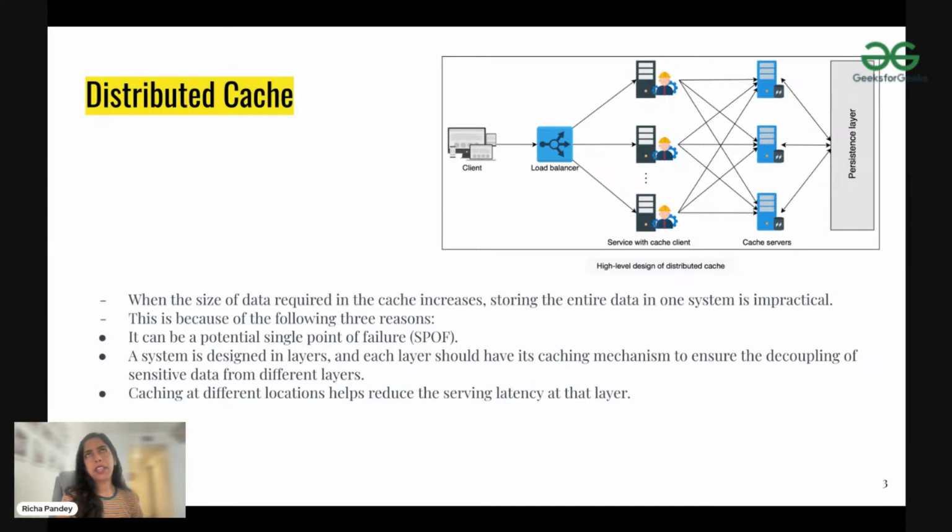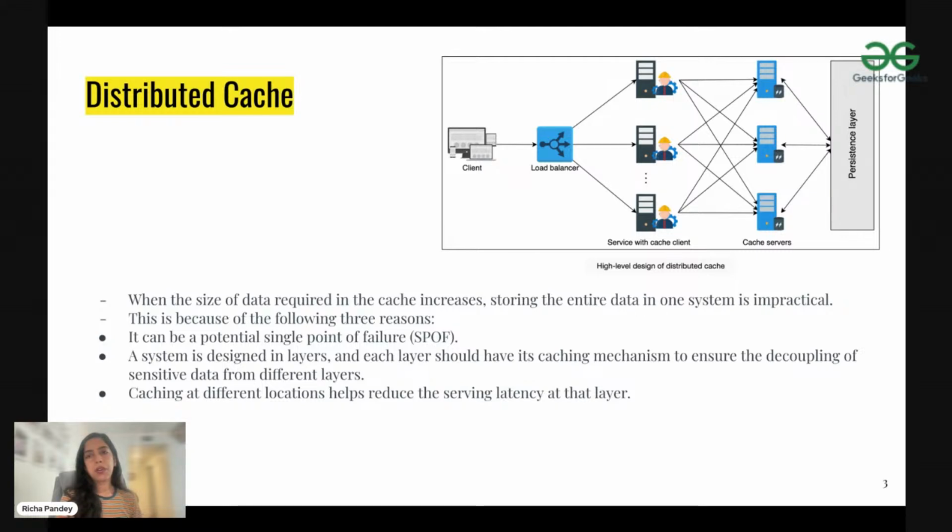Primarily, the most frequently used and most recently used data is given priority, and data which is least recently used and least frequently used is discarded from the cache, depending upon the capacity of the cache.